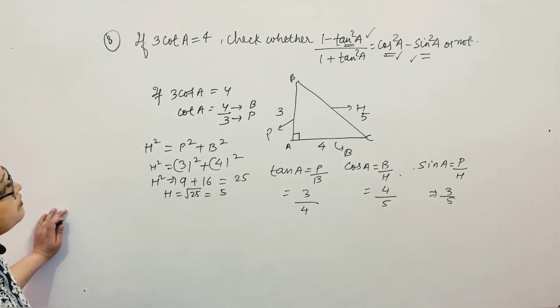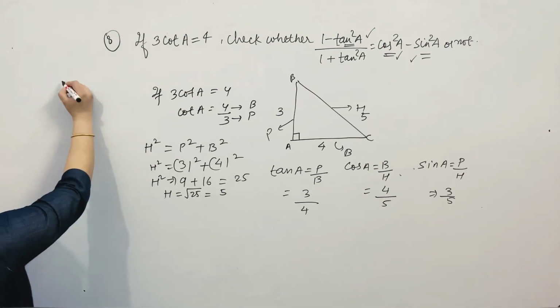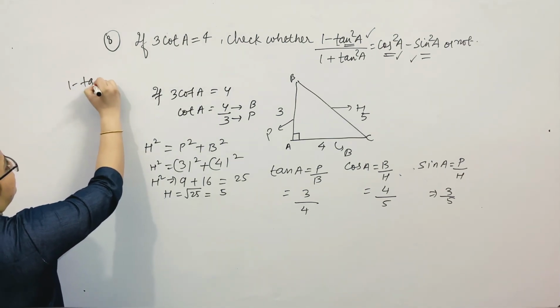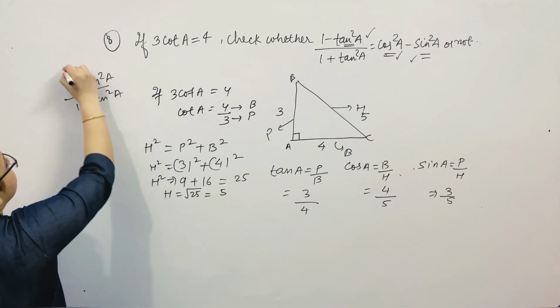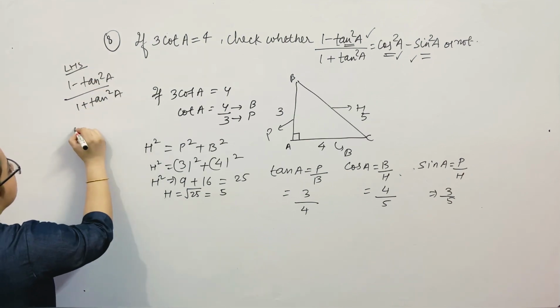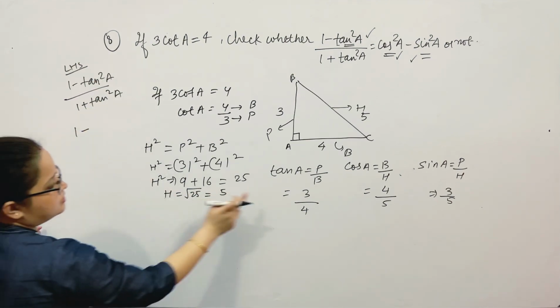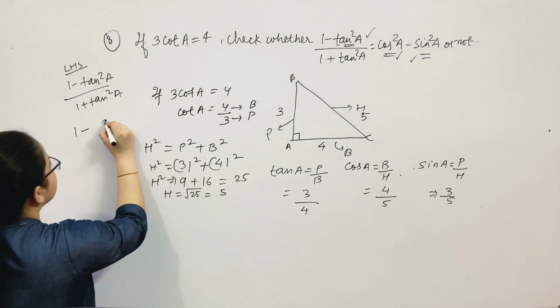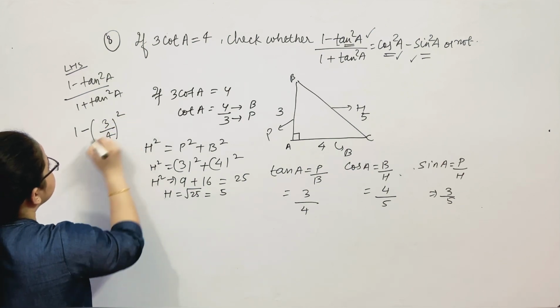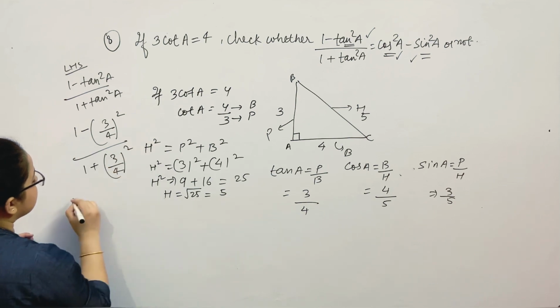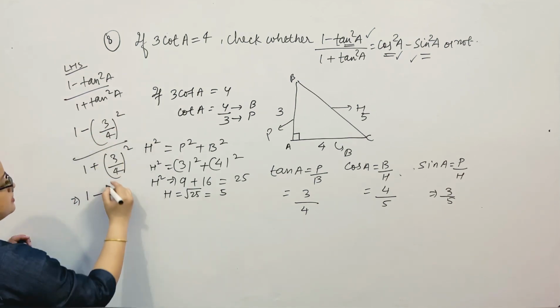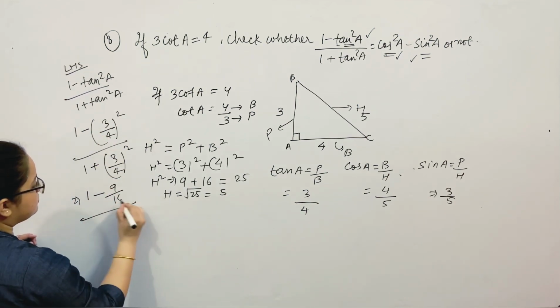Okay, now we will evaluate (1 minus tan square A) over (1 plus tan square A). Instead of tan A, I will put the value, 1 minus (3 over 4) whole square, over 1 plus (3 over 4) whole square. 3 square is 9, 4 square is 16.